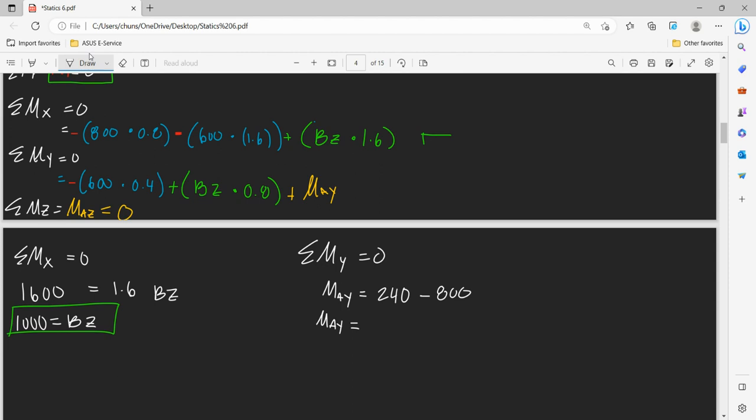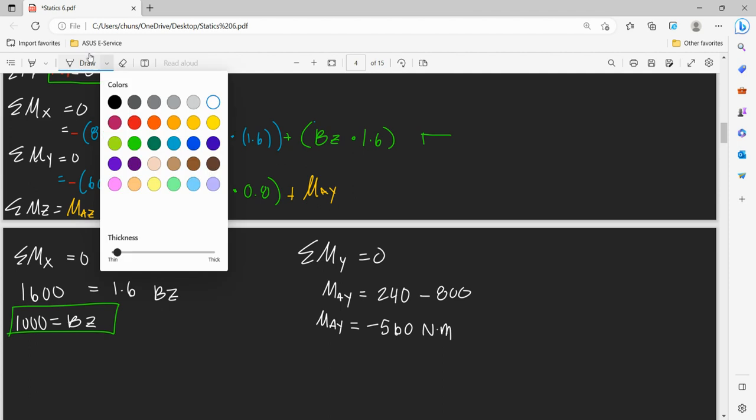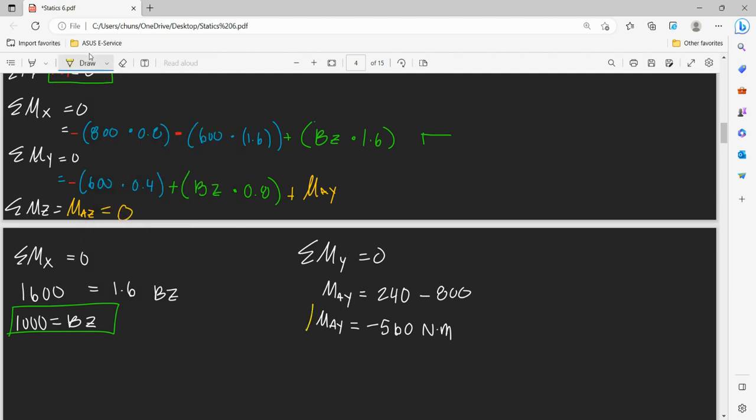So this value is equal to 240 minus 800, and this gives negative 560. And the reason it's negative is because the direction we first assumed is not correct, so that means it is in our clockwise rotation.